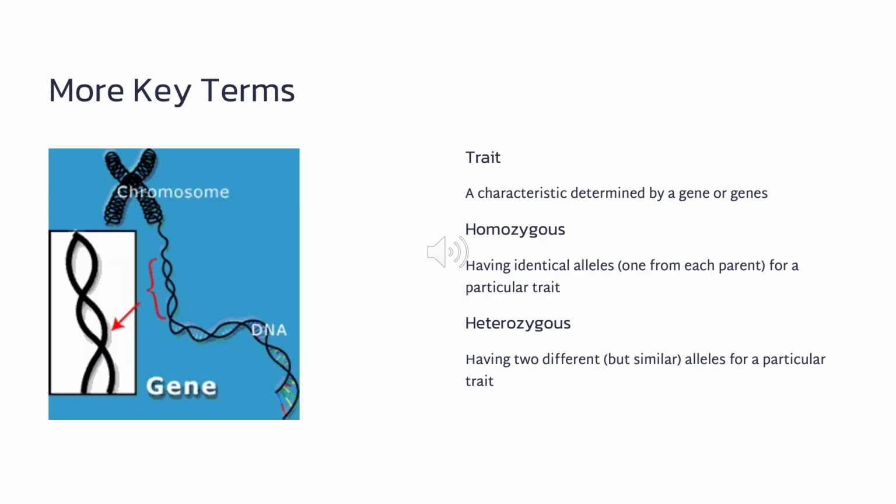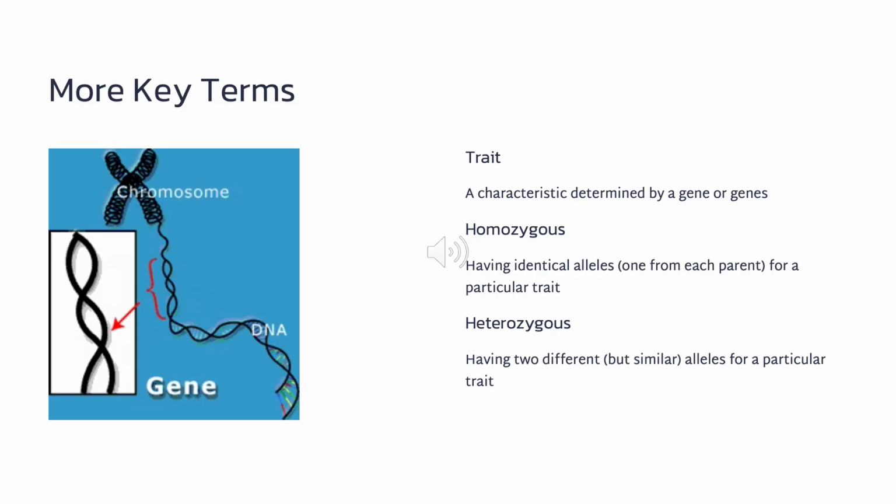Next one is trait. A trait is a characteristic determined by a gene or genes. So it means that a trait is the thing that you can observe, you can see physically. For instance, hair color, whether it's black or brown, eye color, whether it's blue or green, skin color.